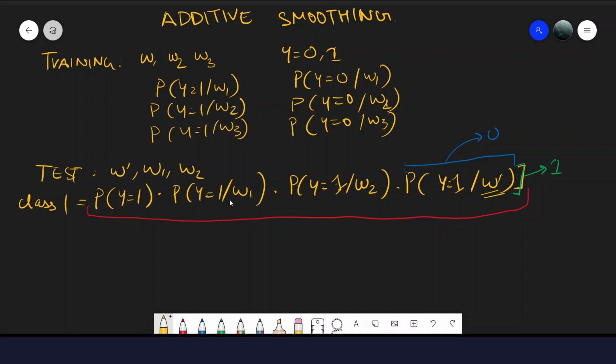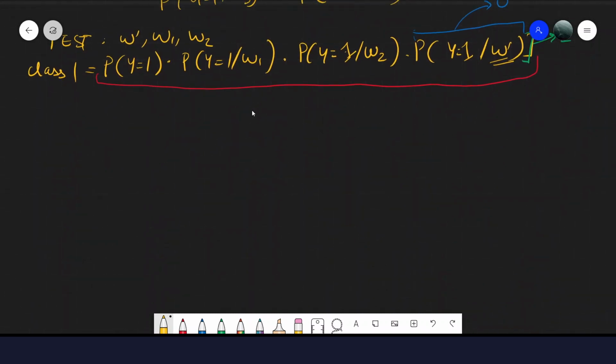So additive smoothing, let's just consider this case where you have probability of y equals 1 given w dash. In general, you would have 0 upon n, right? Because it is the number of times w dash occurred in all the text corpuses where the class is equal to 1, upon the number of data points where the class is equal to 1.